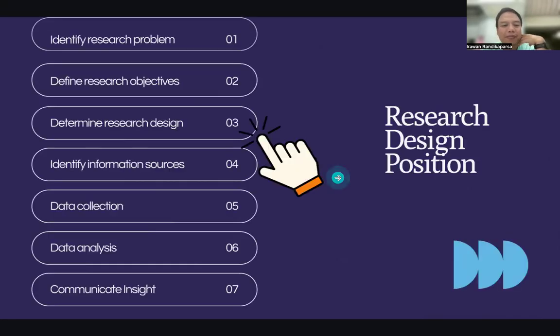Only then do we determine the research design, which explains how the research will be conducted. After the design is determined, researchers collect data, analyze data, and finally communicate insights to help managers make decisions. So research design sits right in the middle of the research process.